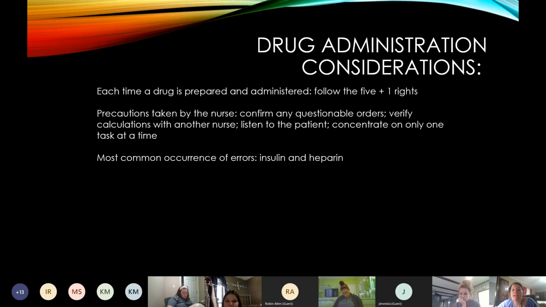She said, how are insulin and heparin the most common occurrence of errors? Very good question. When we get into insulin, you will see that there are a million different types, okay? So there's Humulin N and Humulin R, just as an example. The only difference between those drugs is the letter behind it, right? And the difference is that one of them works within 15 minutes and the other one takes like an hour and a half to work.